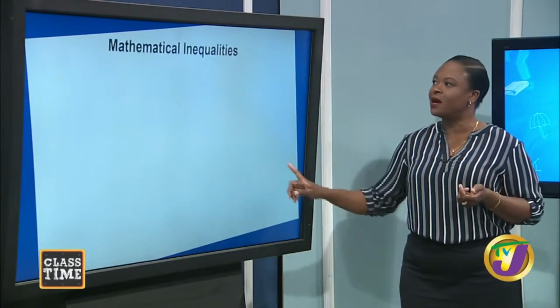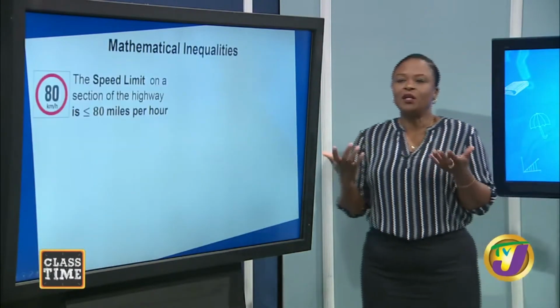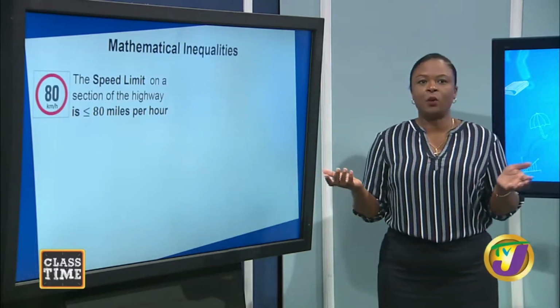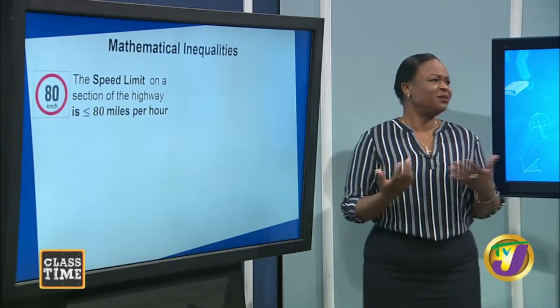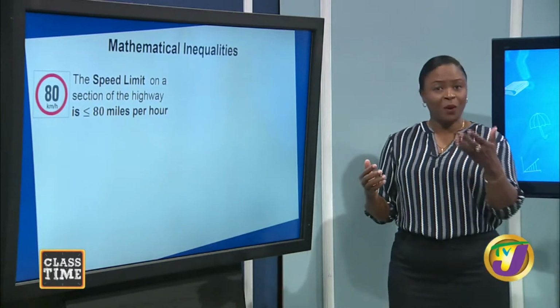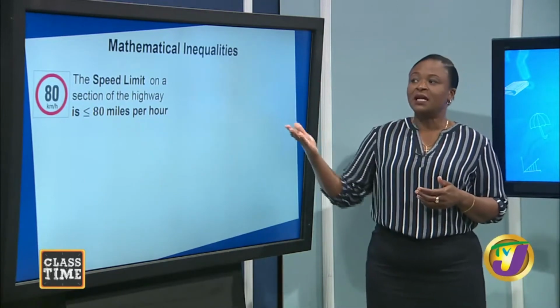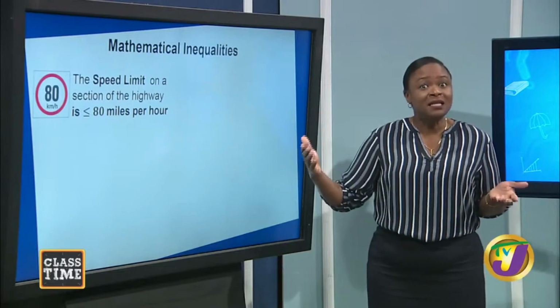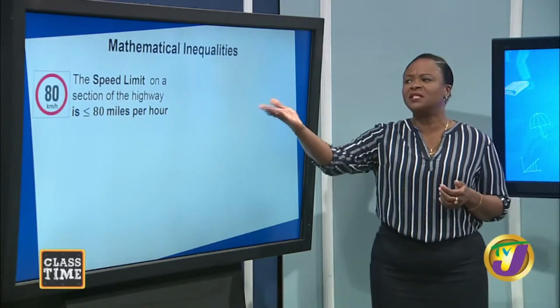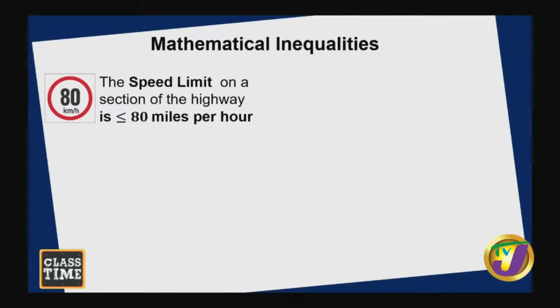Now, we have been looking at mathematical inequalities, and some persons would have said, but where does this come from? I don't use it. I want to say to you that mathematical inequalities come up in our lived examples. The speed limit on a section of the highway is less than or equal to 80 miles per hour.